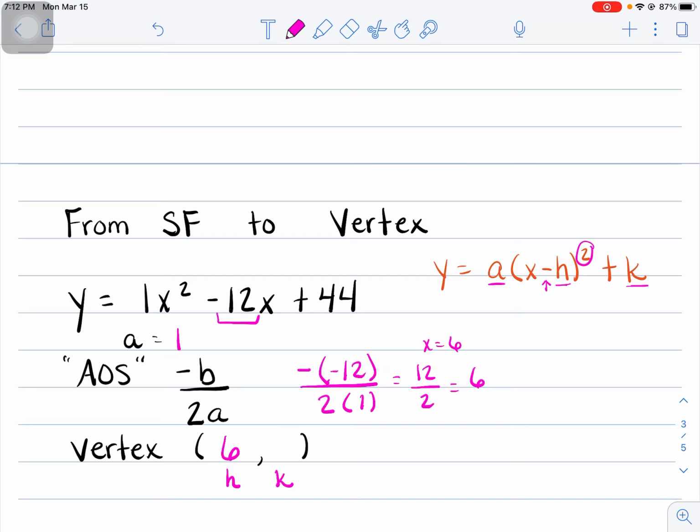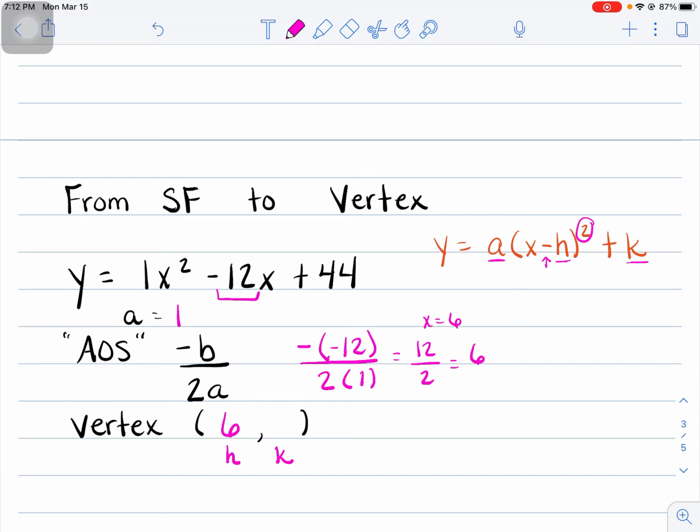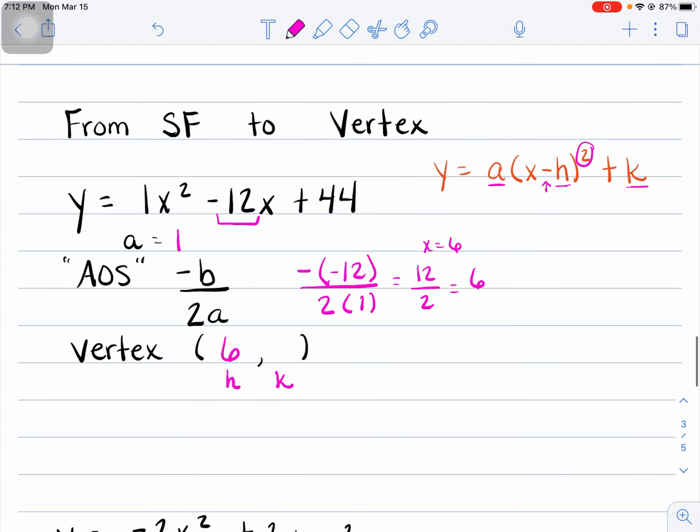Now we have to find k. So same thing we do when we deal with standard form. We plug in what we know for the vertex x value, or the axis of symmetry, into our formula. So we're going to use 1 times 6 squared minus 12 times 6 plus 44. And of course you can use a calculator.